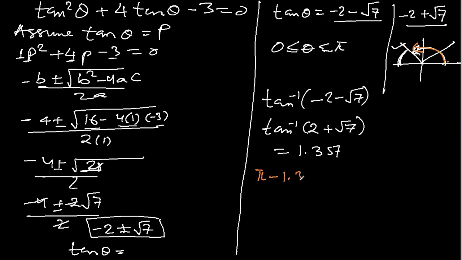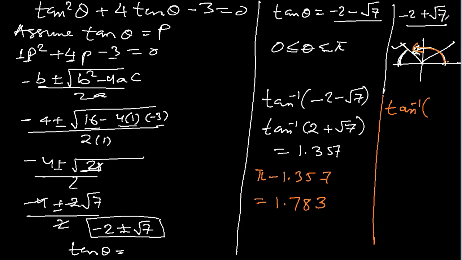So it will be pi minus 1.357, almost 1.783. But for this one, it is definitely a positive number, because square root 7 is more than 2, so minus 2 plus square root 7 will give me a positive number. When I straight away put this in my calculator, I get the angle I want, and I got 0.573 for this quadrant.